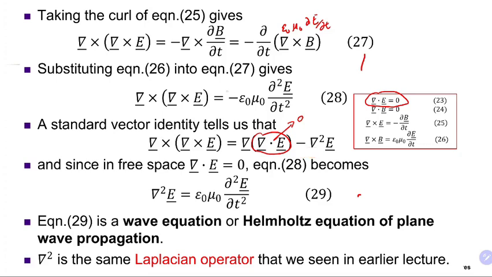So in other words, we have del squared E equals epsilon naught mu naught times the second order time derivative of the electric field. And this equation 29 is known as the wave equation, or also the Helmholtz equation of plane wave propagation. Del squared is called the Laplacian operator, and I'm sure you have studied the solution of this equation in your maths related to wave equations.